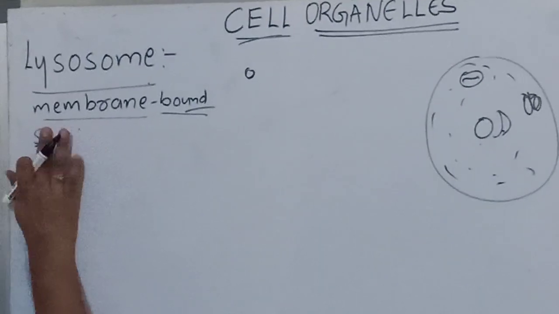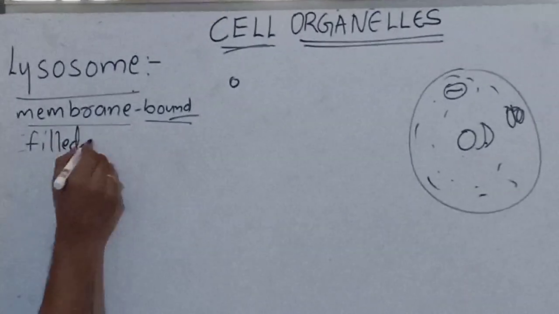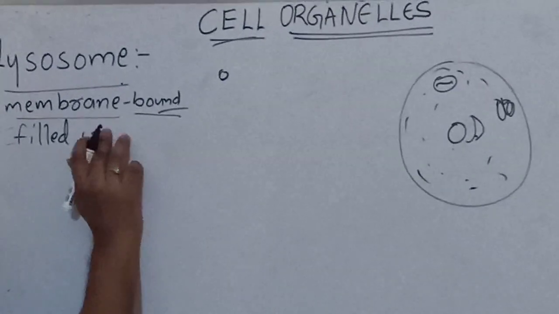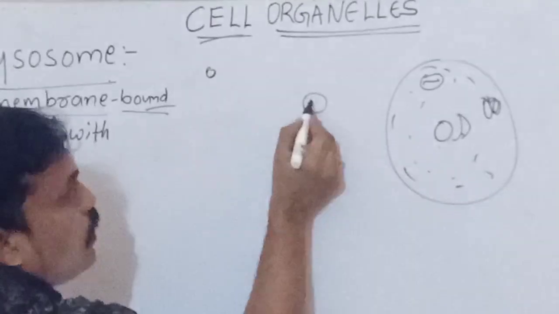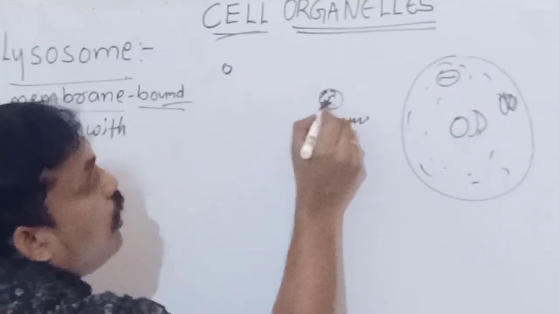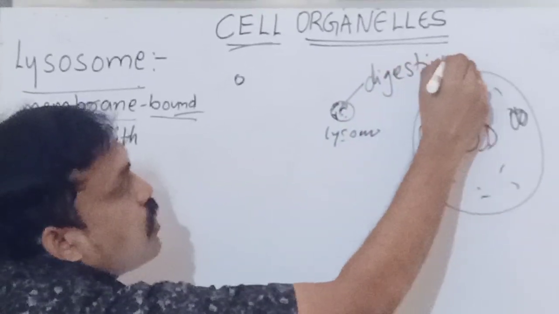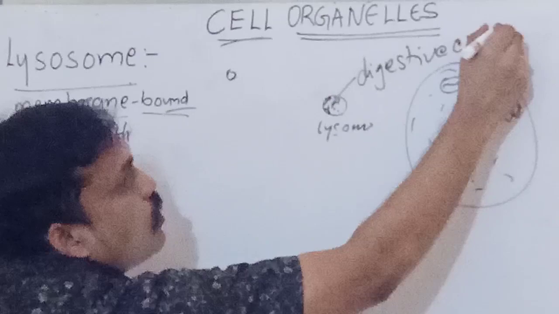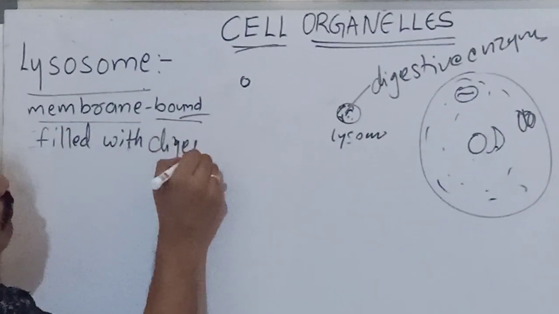These membrane-bound structures are filled with digestive enzymes. For example, this is a lysosome, and it is filled with digestive enzymes, digestive juices.